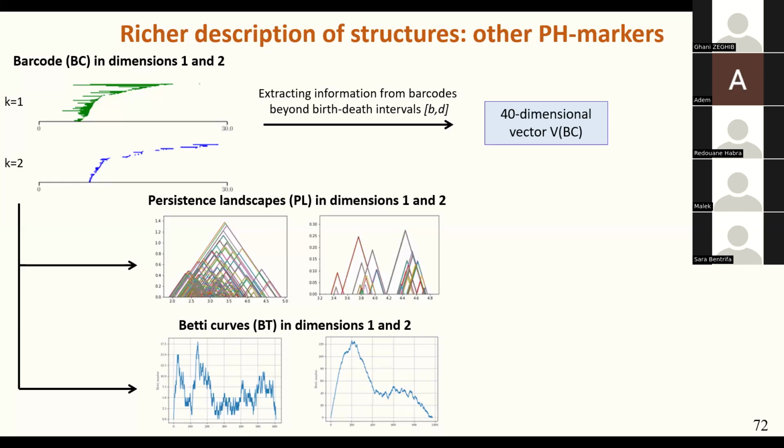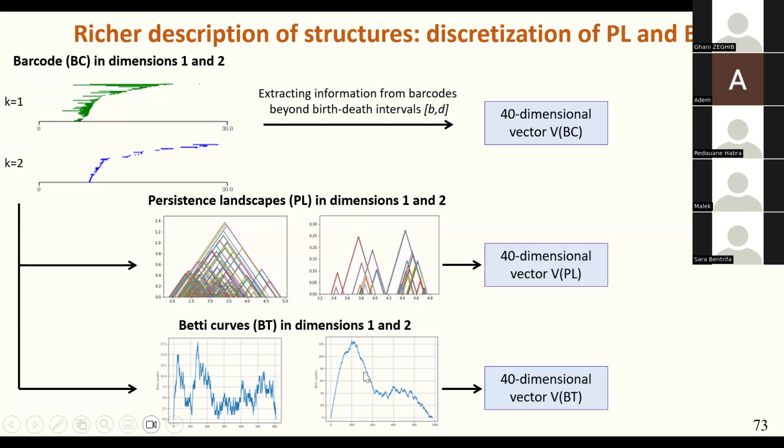And my idea was to see if I can combine the information coming from the statistics I defined on barcodes with the information provided by persistent landscapes and the information provided by Betti curves. This is why I applied a discretization of persistent landscapes into 40 values and a discretization of Betti curves into 40 values.